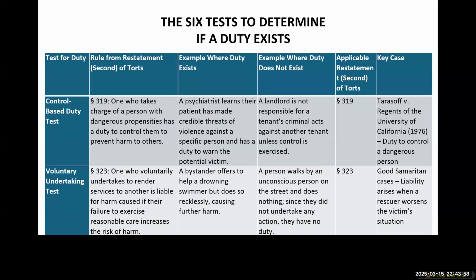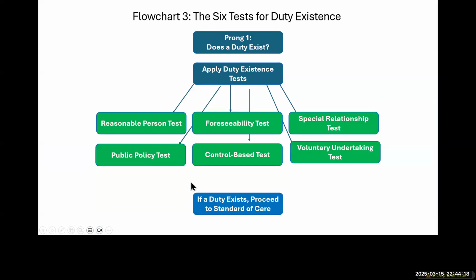But this is the one that I call you broke it, you buy it, right? You voluntarily put yourself in a position of having a duty not to increase the harm to somebody, and then you wind up increasing the harm to somebody. That can hold you potentially liable.